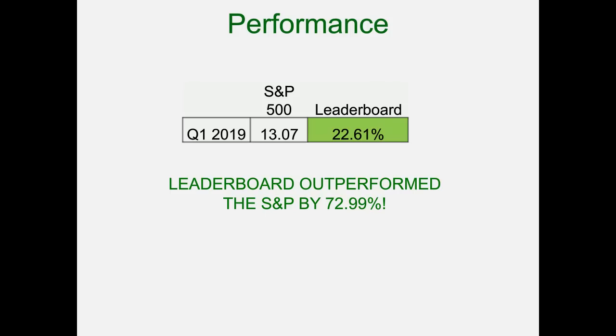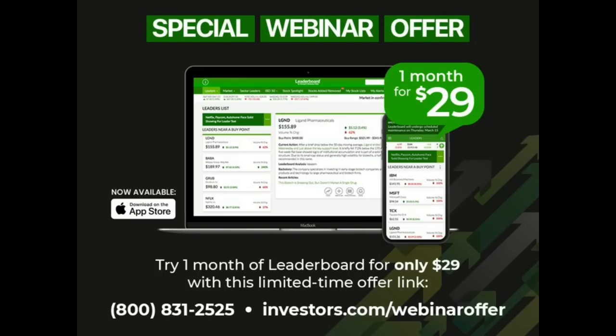Well, position sizing is really a function of your own bullishness, your skill level, how concentrated you want to be. Generally on Leaderboard, we are fully invested with 8 positions. I guess that works out to about a 12.5% position size.